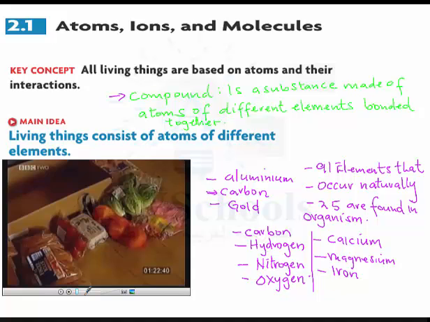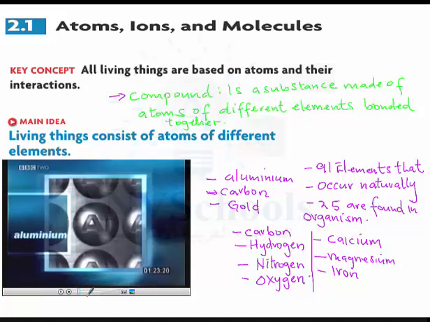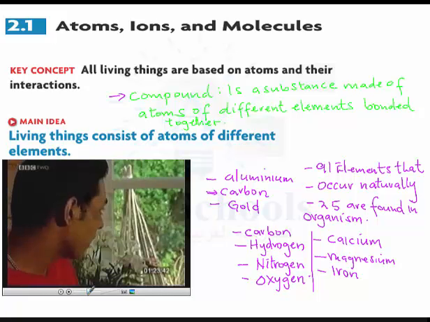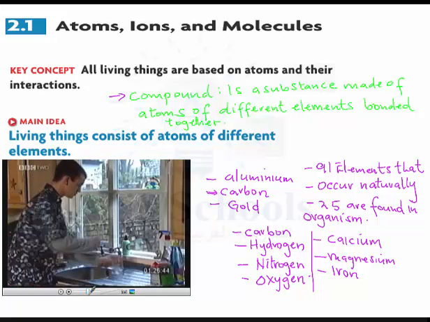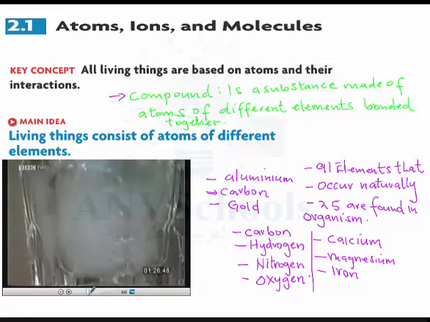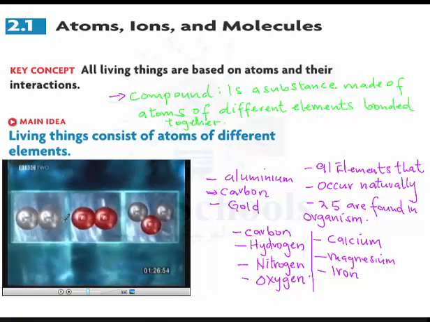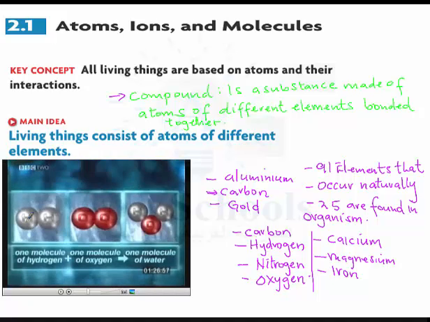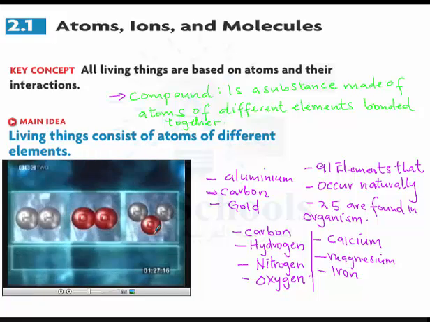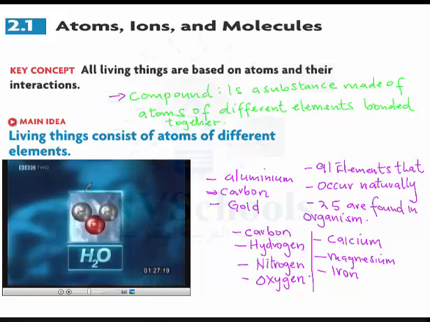We might have 2 hydrogen atoms coming together to form a hydrogen molecule, or 2 oxygen atoms coming together to form an oxygen molecule, and even 2 hydrogen atoms and 1 oxygen atom forming a water molecule.